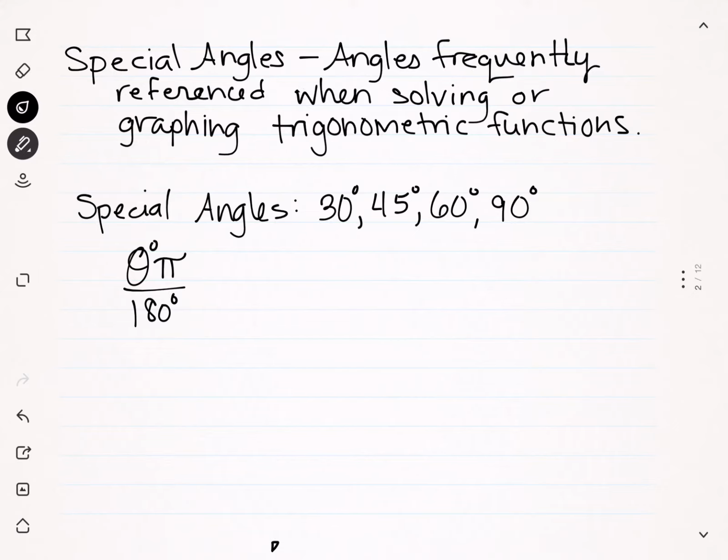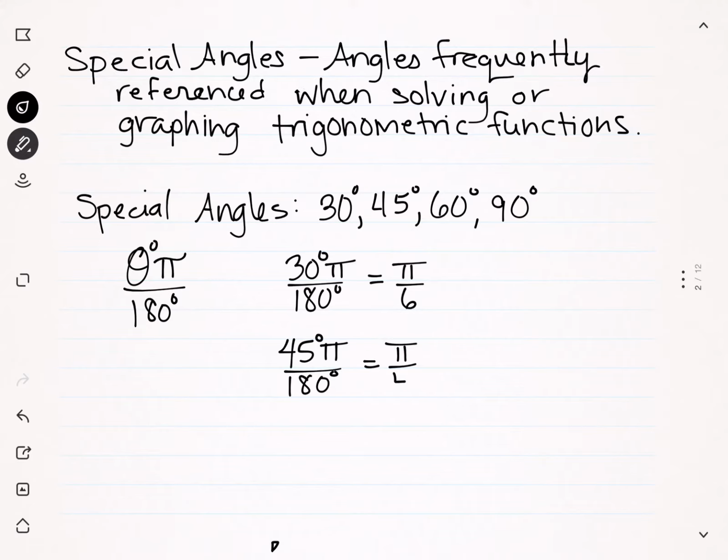So let's start with 30 degrees. 30 degrees times pi divided by 180, and 30 goes into 180 6 times, so we would say pi over 6 radians. 45 degrees would be the same thing as, well, 45 goes into 180 4 times, so pi over 4 radians. 60 degrees would be 60 times pi over 180, so that would give you pi over 3 radians.